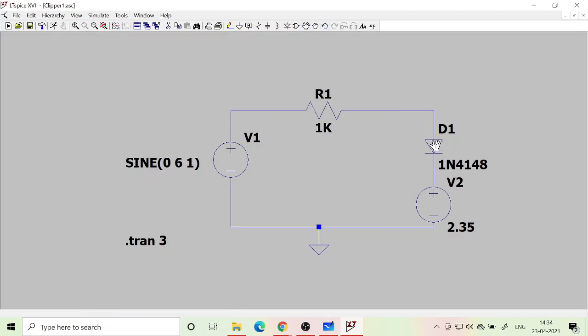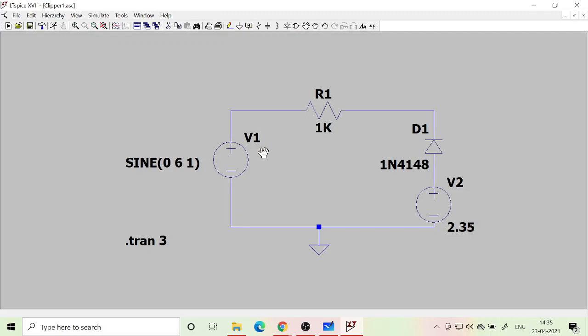If I take it out and then press Control R, I have reversed that direction. Now it should be reverse biased above 3 volt, and it should be forward biased below 3 volt.